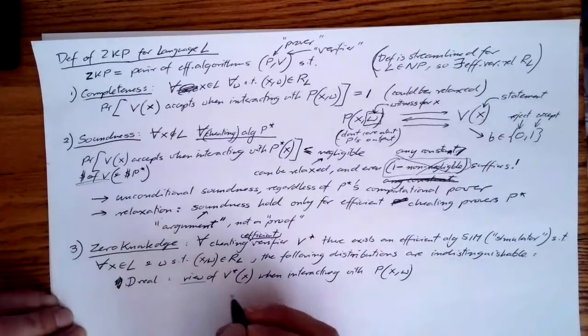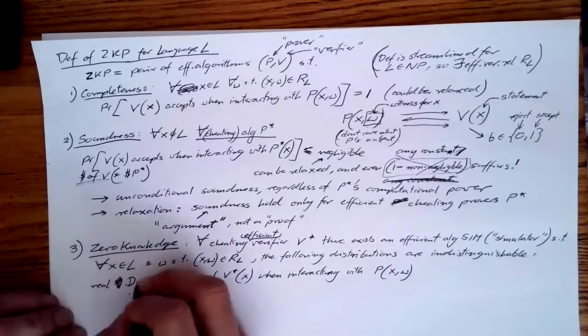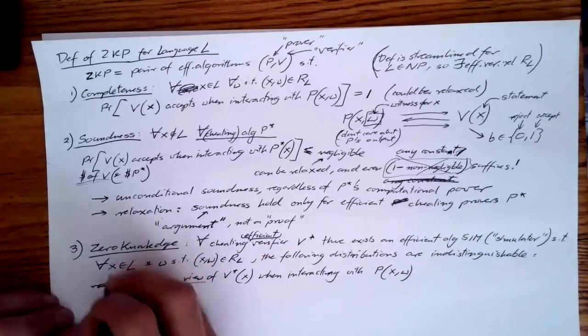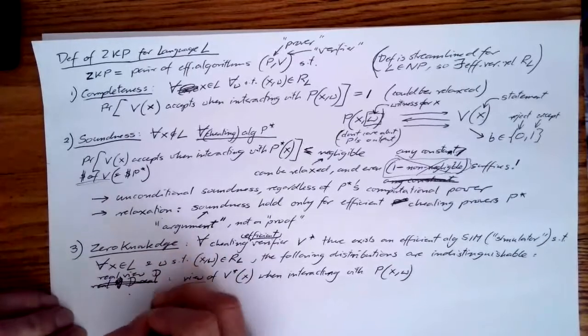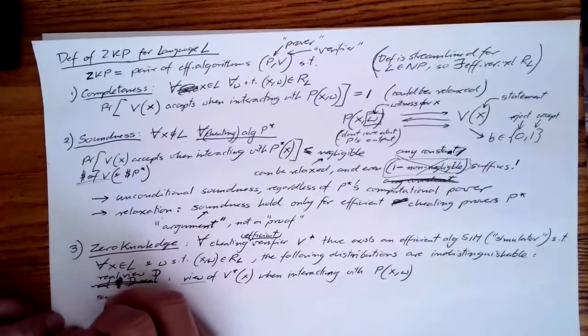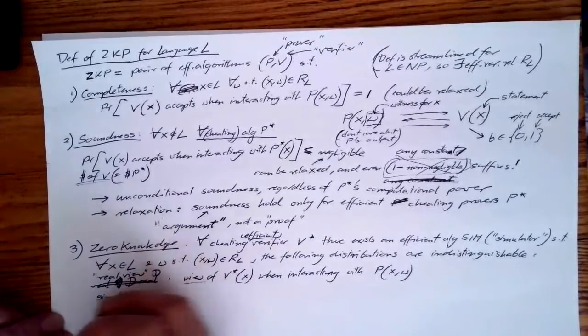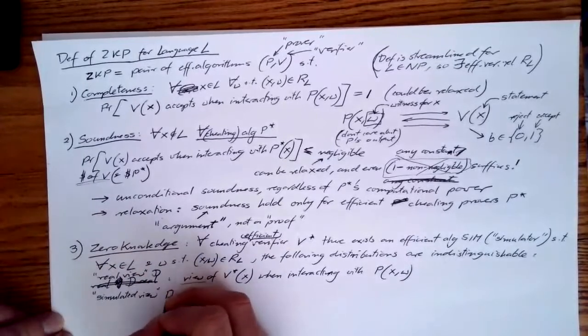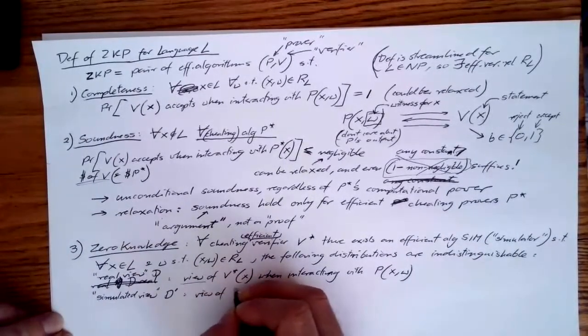What do we mean by a view of an algorithm in an interaction? Okay, so let's call it the real view and designate it as D. And the second one we'll call a simulated view. We'll denote it as D prime, and this will be the view of V star.